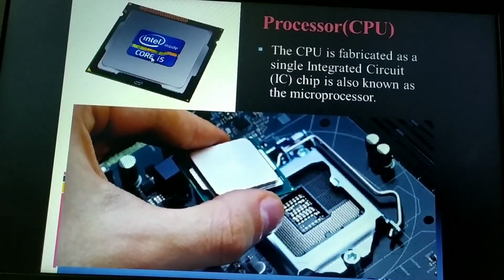Now this is the processor. This is nothing but the processor socket. So the processor socket allows us to insert this processor, which can also be called the microprocessor, and this microprocessor is one of the largest chips on the motherboard. Usually it can be identified as a heat sink or the fan is located on top of it.